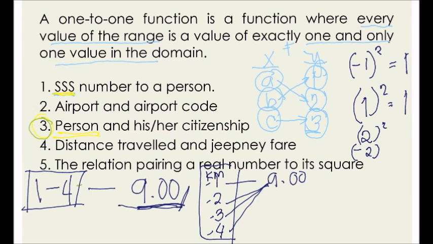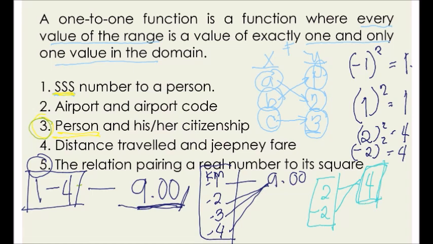If we're going to take the square of both those numbers, 2 times 2 is 4, -2 times -2 is also 4. So that means number 5 is not a one-to-one function, though it is a function because 2 and -2 point to only one range value. So this is an acceptable function. However, it's not one-to-one anymore because the square has 2 pairs on the domain. So number 5 is not a one-to-one function.